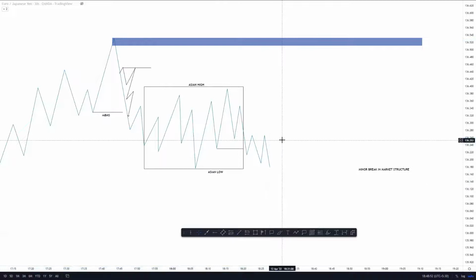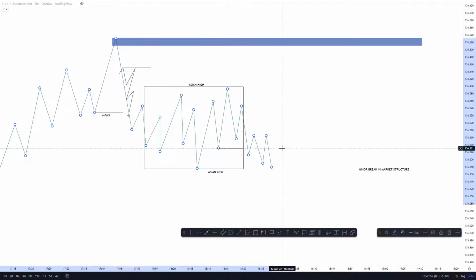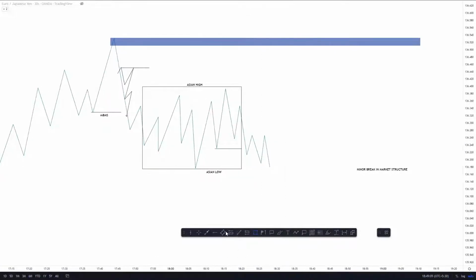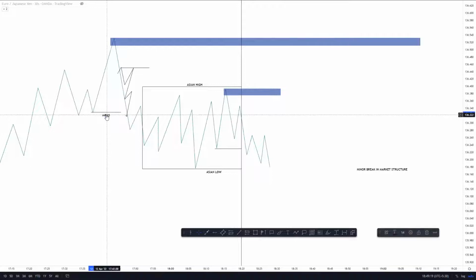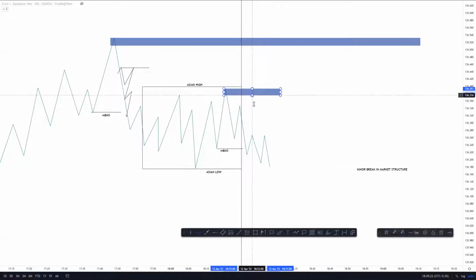So what I do at that time, like I will just take a risky sell, like this is your Asian session high, and Asian session just ended in here. So what I do is I just mark my Asian session high as well, because this gave us a minor BMS here as well, and I will look for sells around here.